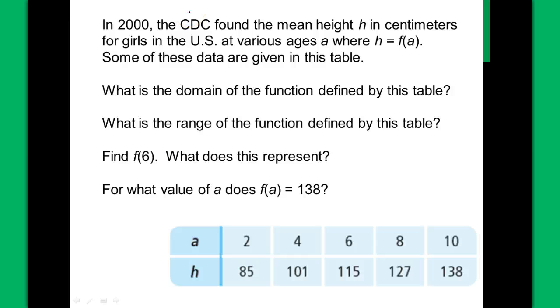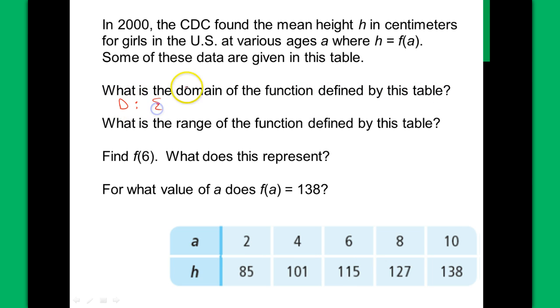In 2000, the CDC found the mean height h in centimeters for girls in the U.S. at various ages A, where h equals f of A. Some of these data are given in the table here. What is the domain of the function defined by this table?